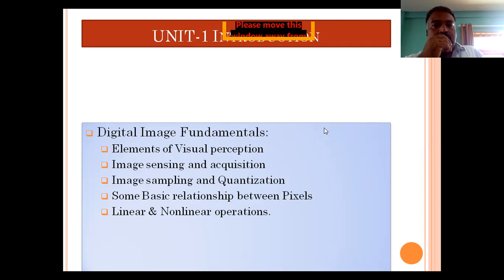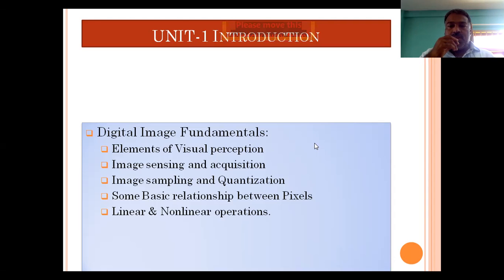That is mathematically represented by the expression f of x comma y, where x and y are the coordinate values. This is the input picture we consider for further processing and analysis. The output image, the resultant one, is represented by the expression g of x comma y.